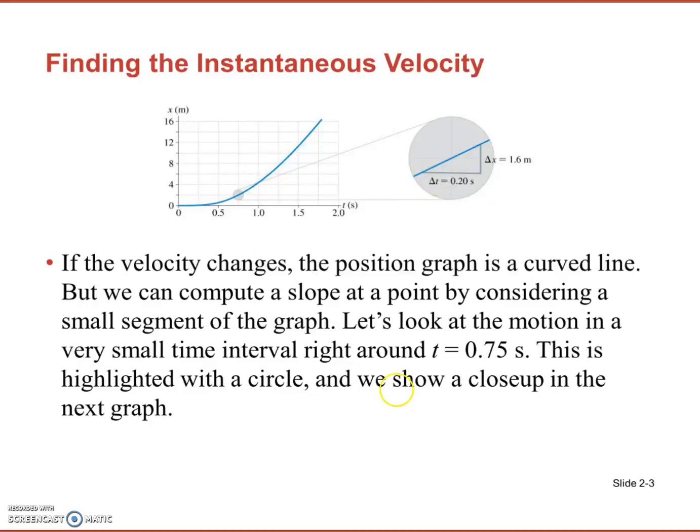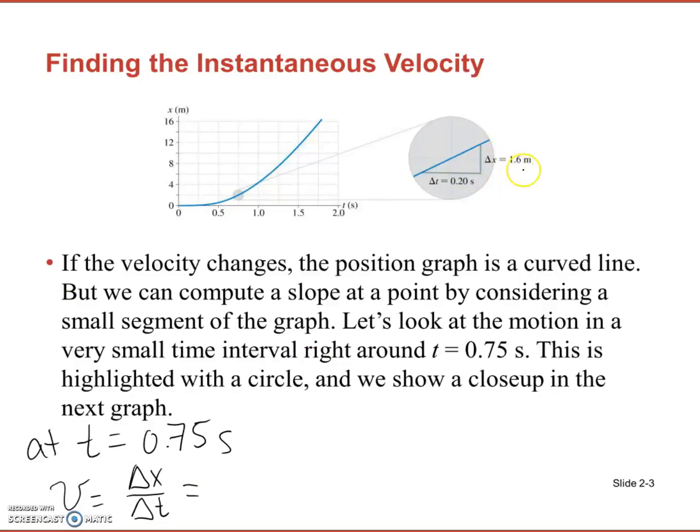So to find the velocity at a time t equal to 0.75 seconds, the velocity, which we know is defined as the change in position, or the displacement, over some time interval.